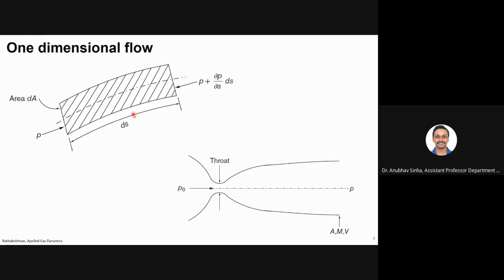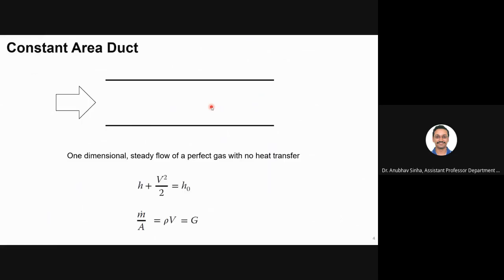Strictly speaking, it is not one-dimensional, but for our study purposes we approximated it as one-dimensional, and we have done some analysis. Now let us look at realistic flow. We'll start with a constant area duct. So simple, no converging or diverging passages, a straight tube or duct, flow is coming in and exiting.